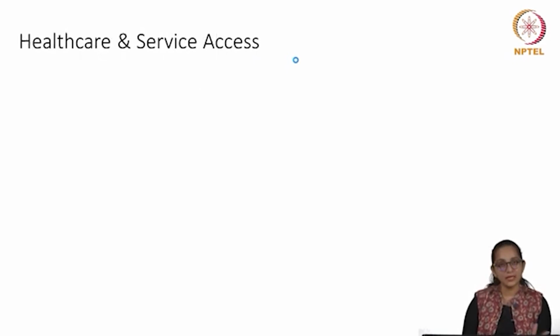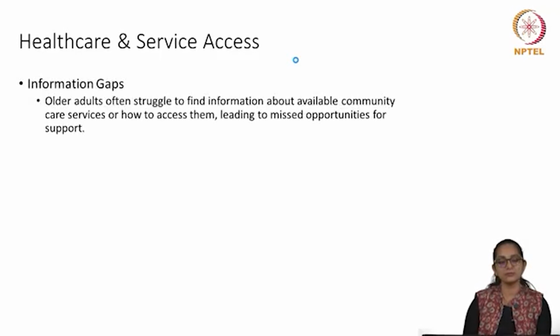Then there can be healthcare and service access related issues. Information gaps particularly. For example, older adults often struggle to find information about available community care or how to access it, leading to missed opportunities for support.